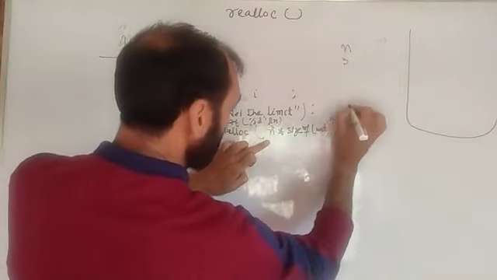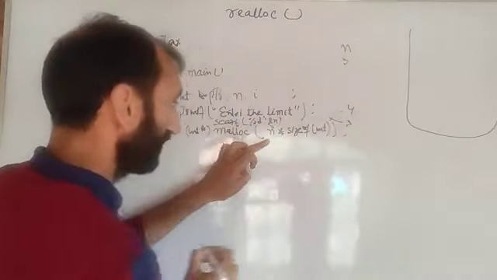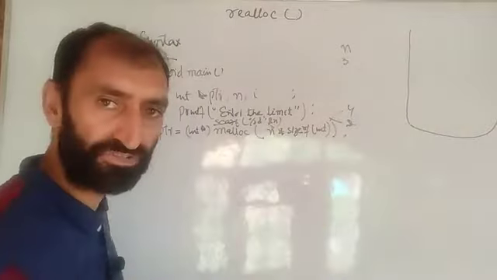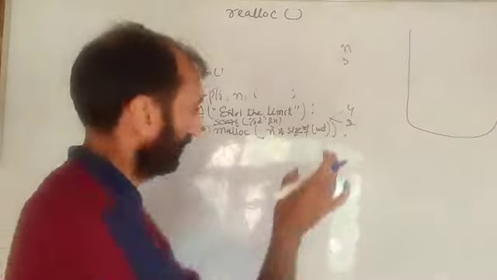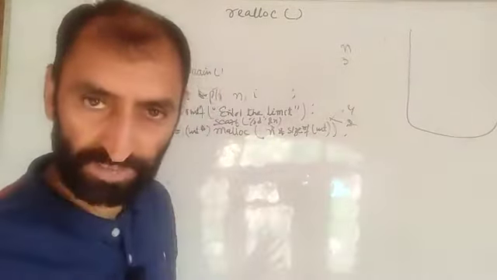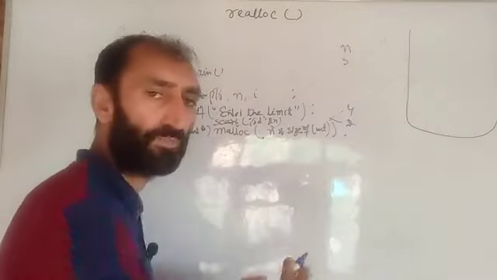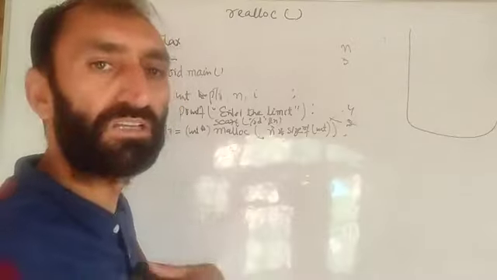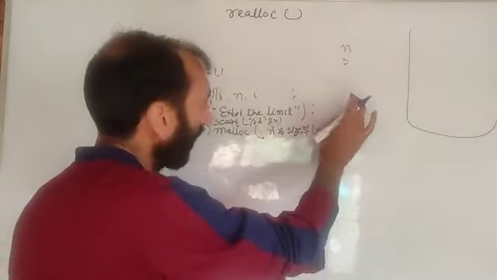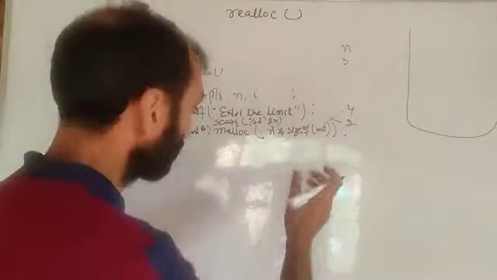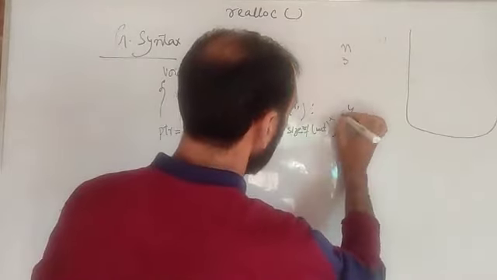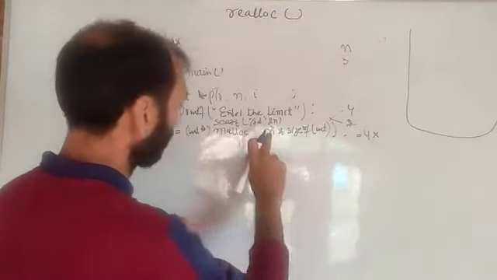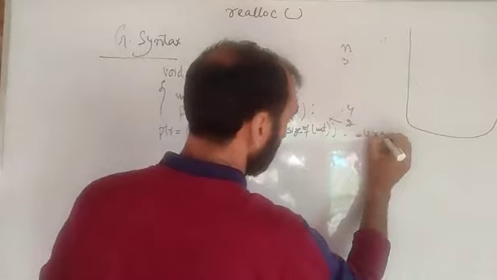The size of int is either 4 or 2 bytes. In some machines an integer occupies 4 bytes of memory, whereas in some machines it occupies 2 bytes, depending upon the compiler. I am assuming that the machine which I am using occupies 4 bytes. So I want to store 3 integers, 4 into 3, 12 bytes.